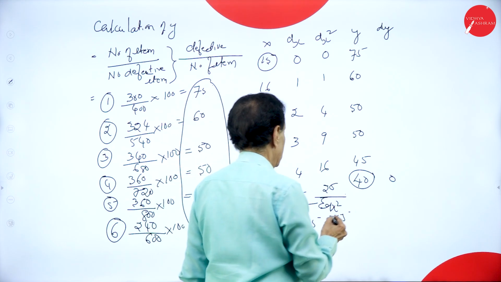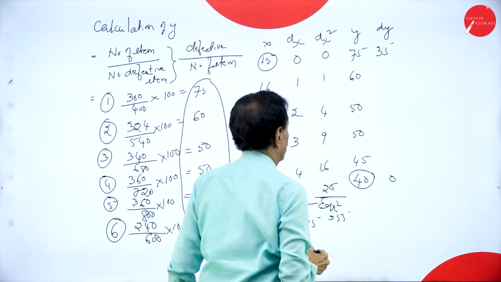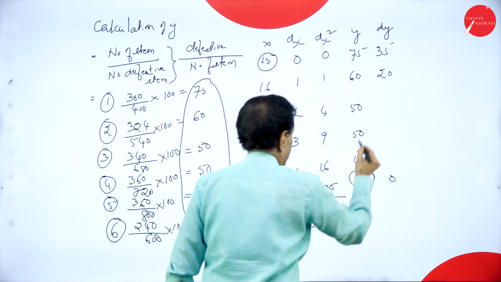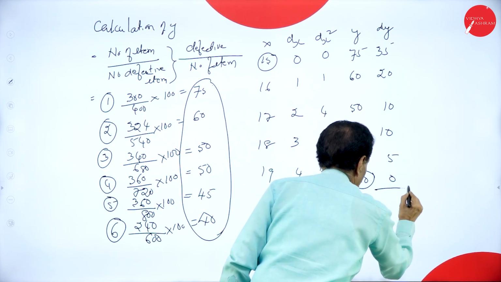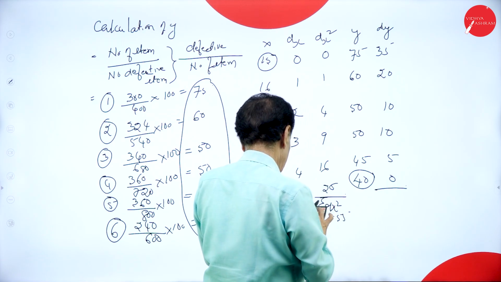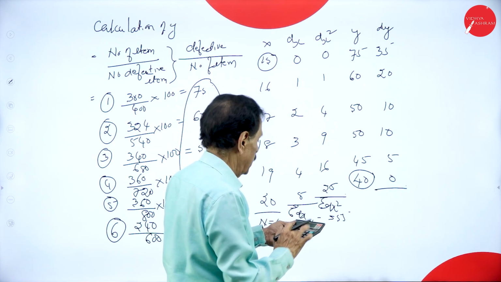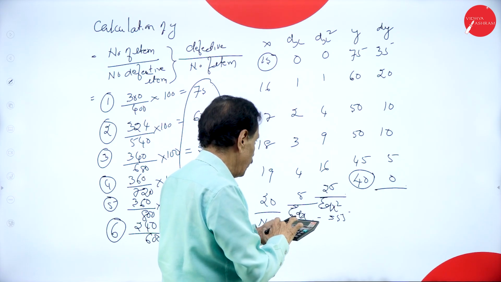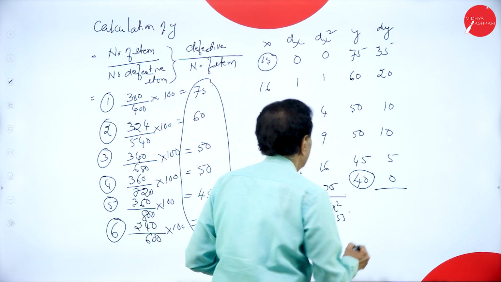So 75 minus 40 means 35, 60 means 20, 50 means 10, 50 means 10, 45 means 5. Add the figure: 35 plus 20 plus 10 plus 10 plus 5 is equal to 80. Sigma dy is equal to 80.